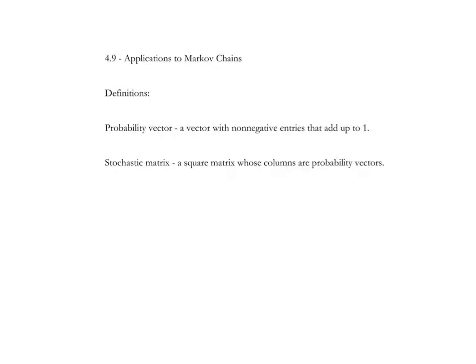We'll start out by referring back to something we looked at previously, where we had a population in a city represented by a vector. And then we looked at how that population moved from the city to the suburbs and the suburbs to the city. We previously gave that population vector in terms of the actual total population, 600,000 and 400,000.